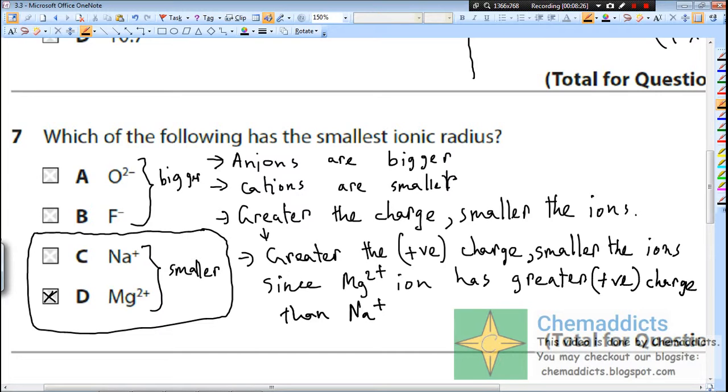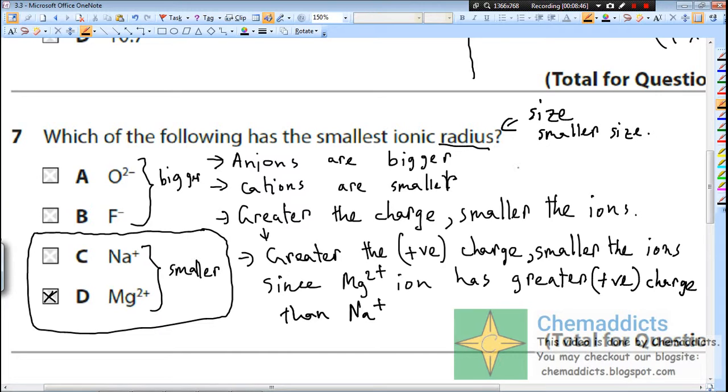Ionic radius also means size, the size of the atom. So we also came to know that smallest ionic radius also means smaller size.